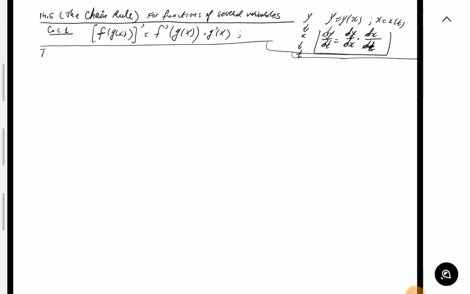the same chain rule. So the first type of chain rule for a function of several variables is when you have a function, let's call it z equals f of x, y, and then in turn x and y are functions of t. Let's say x is g of t, some function of t, and y is some function of t, h of t.